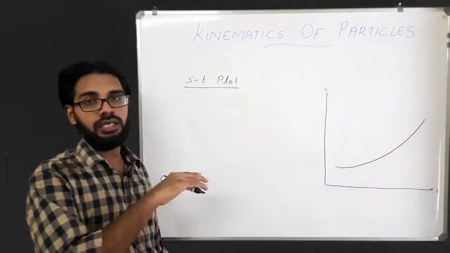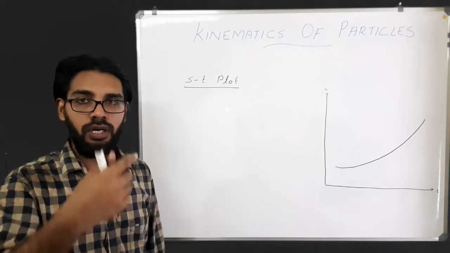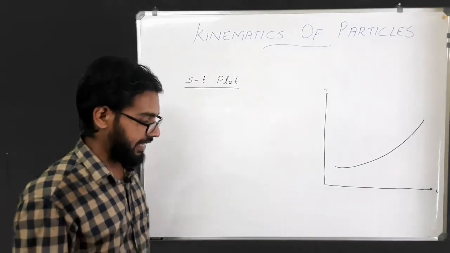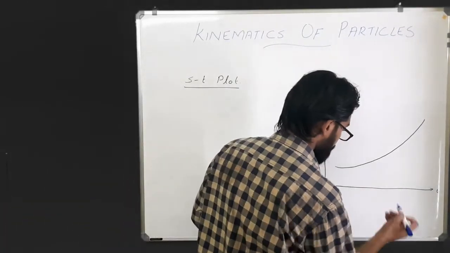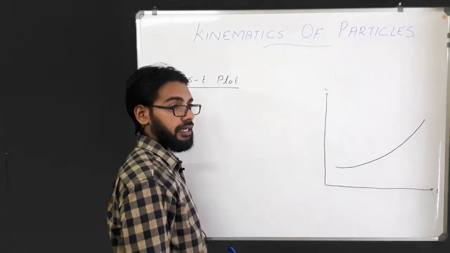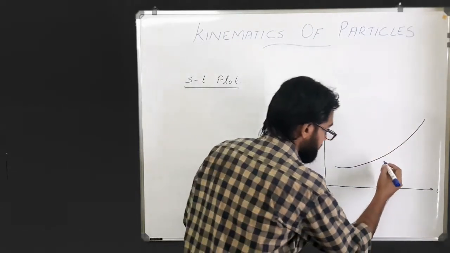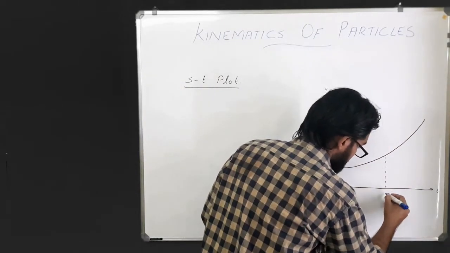I am plotting the position of the particle with respect to time. Now suppose I take the slope of the curve at any instant of time, say t.